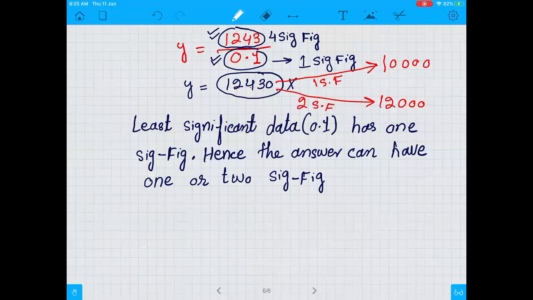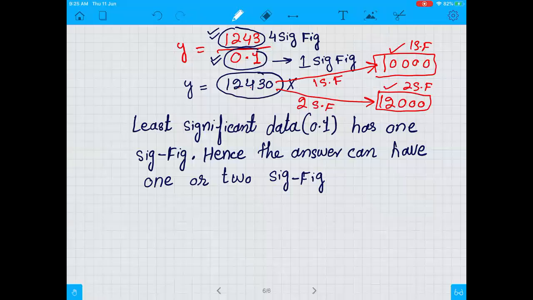So your answer up to one significant figure and your answer up to two significant figures. So these are the rules for significant figures that you have to follow, and otherwise your answers and your lab work or practical will not be acceptable. You have to care about the significant figures. This is one significant figure, and this one has two significant figures. So these are the rules for significant figures.